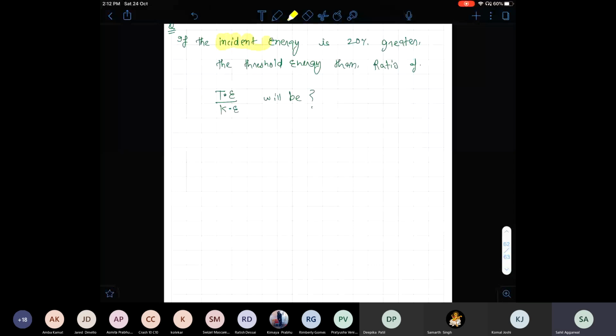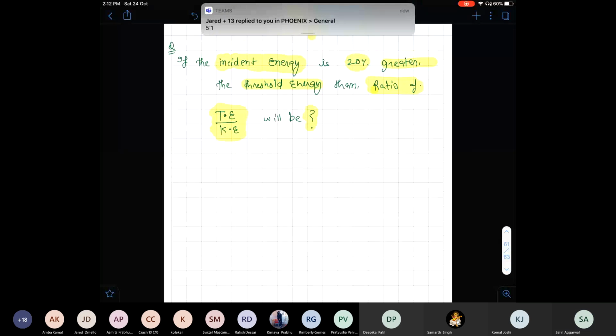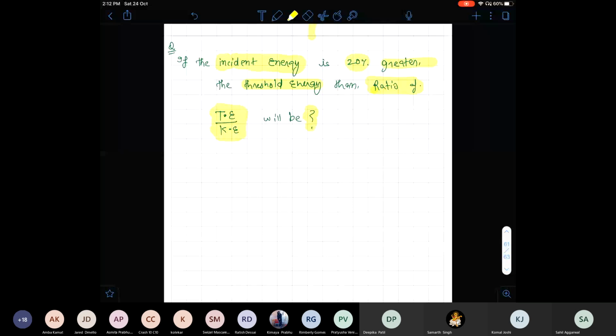If the incident energy is 20% greater than threshold energy, then ratio of threshold energy by kinetic energy will be? Very good, Jared.